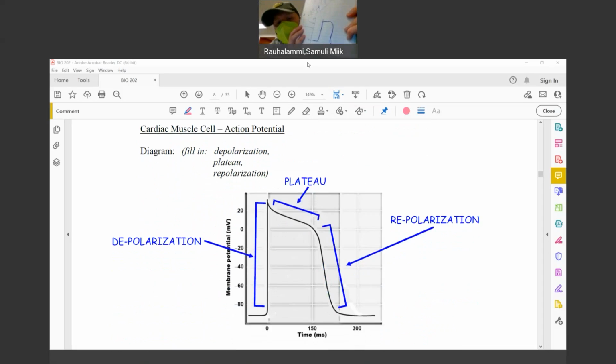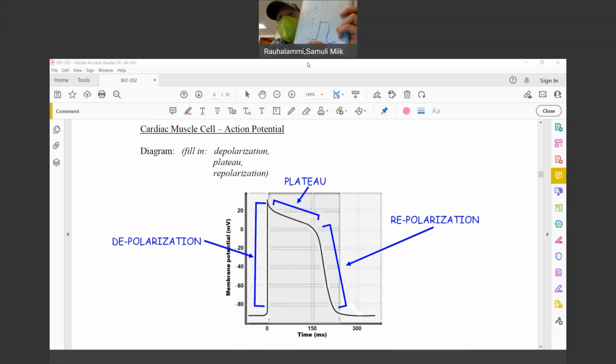We have the resting potential, the depolarization, and the repolarization. There are two things to notice, though. Notice the period of plateau is not actually a straight line, so there's a constant slight repolarization going on in the cardiac muscle cell action potential. The other thing worthwhile to notice is the timeline.